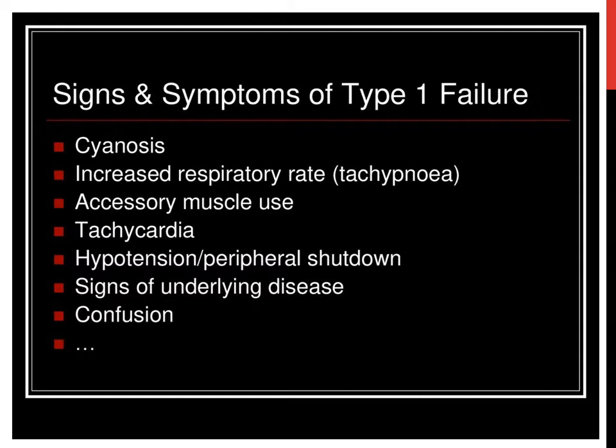Cyanosis is lack of oxygen to the tissue, and then accessory muscle usage will be there. Tachycardia, that is increased heart rate, hypotension, that is low BP, and confused state. So these are the signs of type 1 failure.